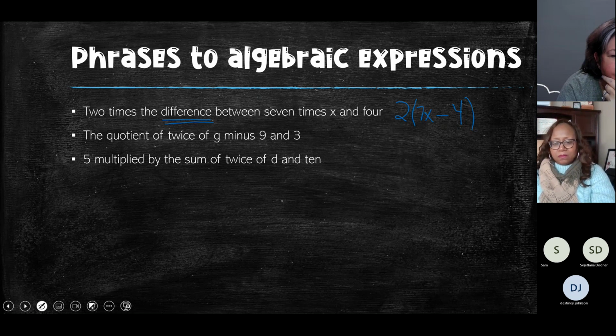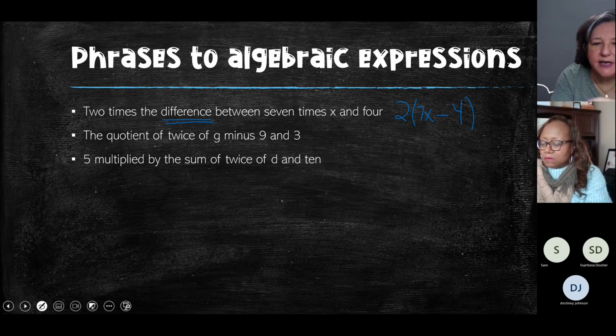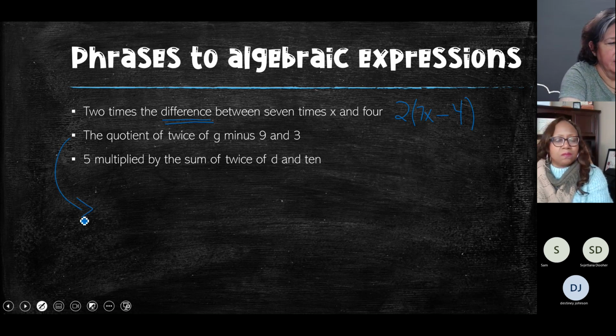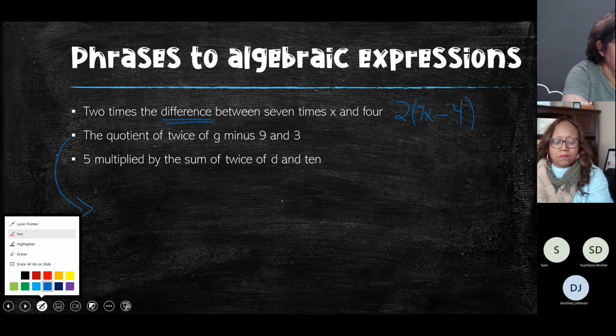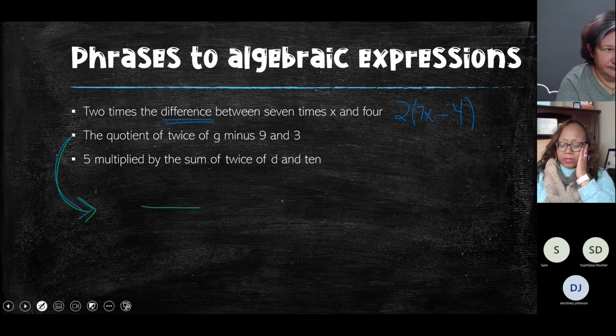Now in the next one, it's the same sort of configuration. So for this one, let's change colors. Quotient means that we're going to be dividing.